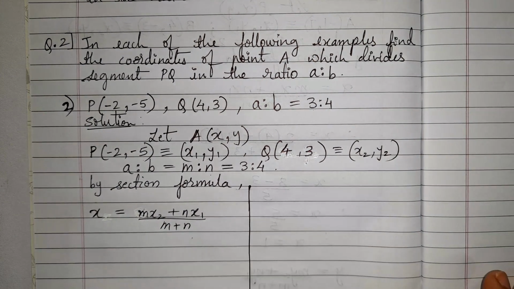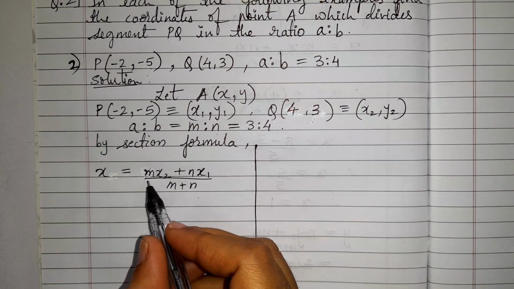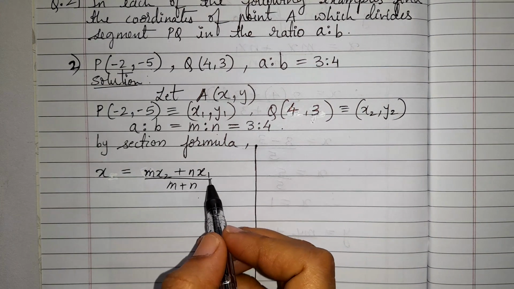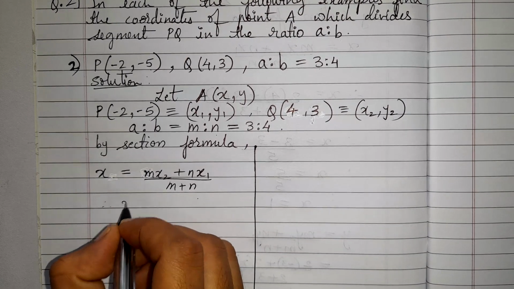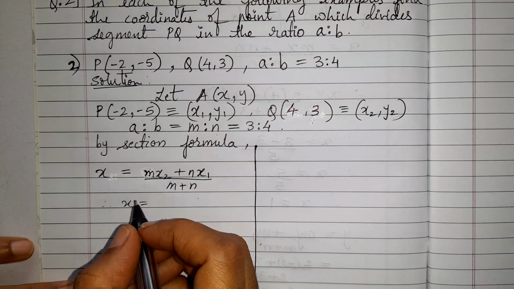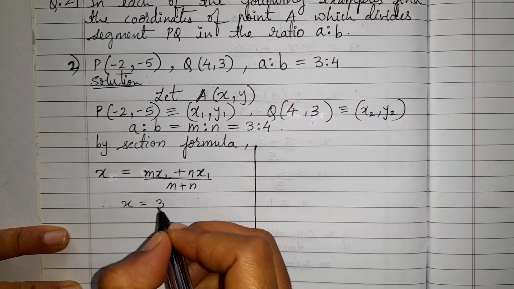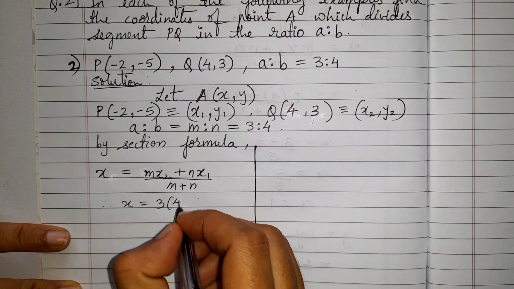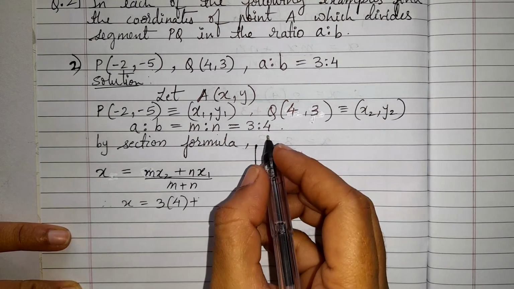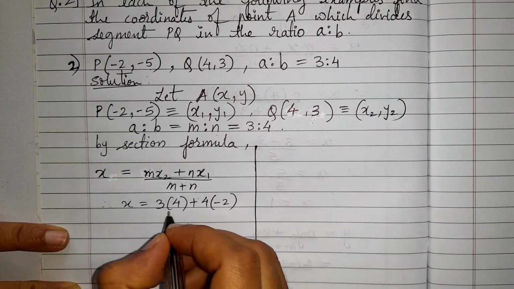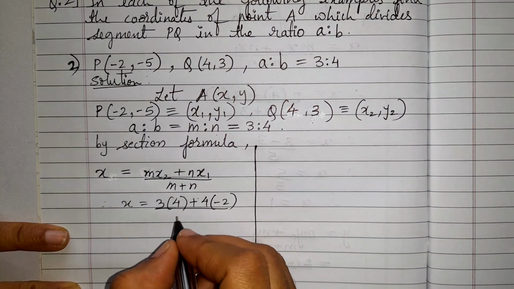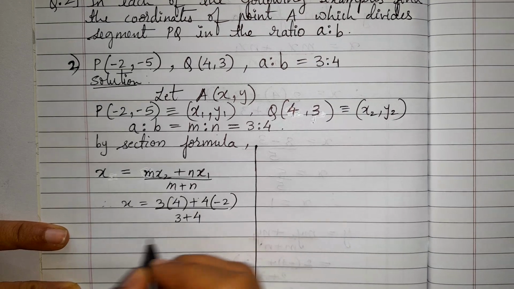By section formula, x is equals to mx2 plus nx1 by m plus n. Therefore, x is equal to m value is 3, x2 is 4 plus n value is 4 and x1 is -2 by m plus n, that is 3 plus 4.